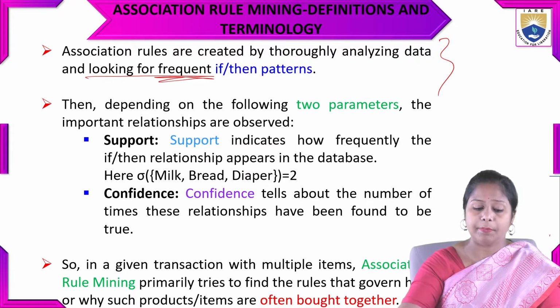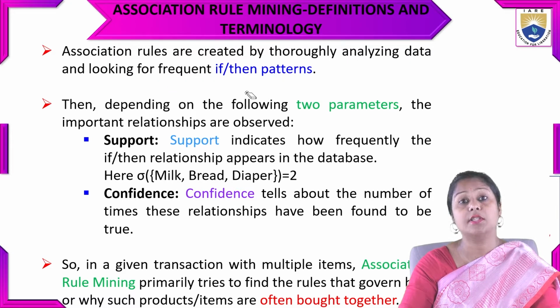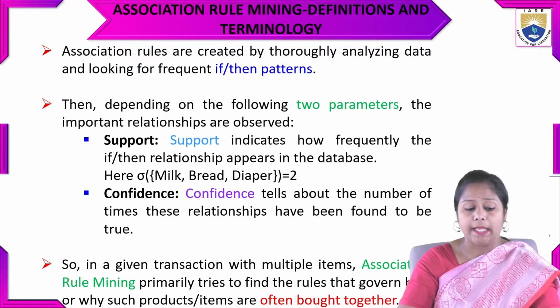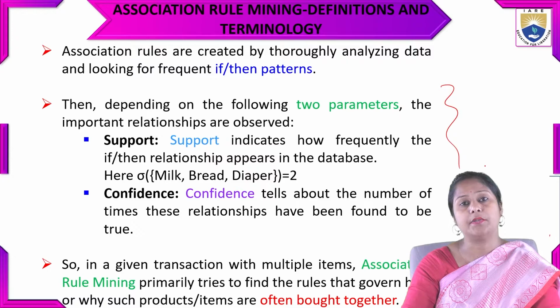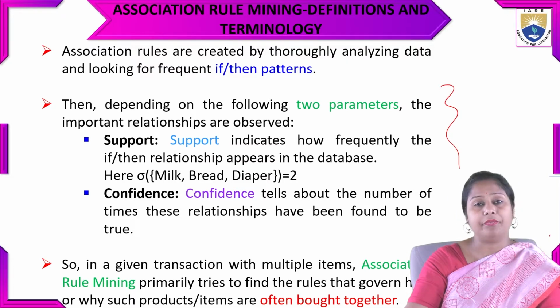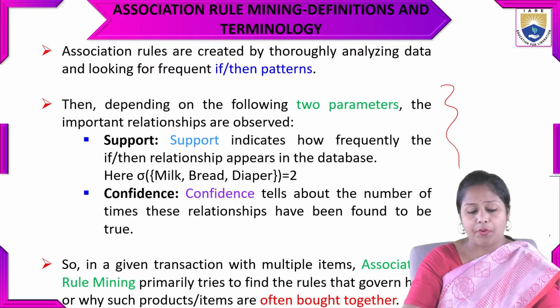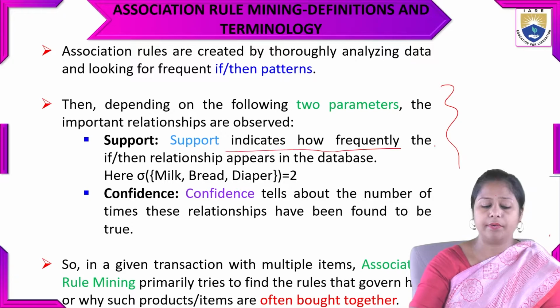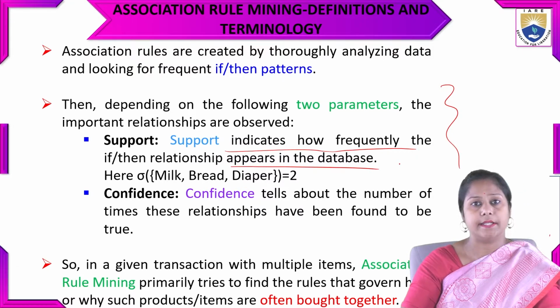Depending on the following two parameters, we can understand the important relationship between the two attributes. Basically, the first one is the support. Support indicates how frequently the if-then relationship appears in the database.